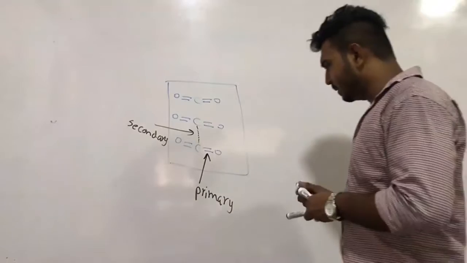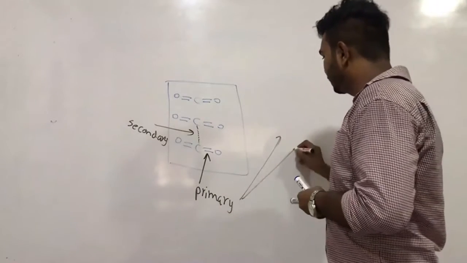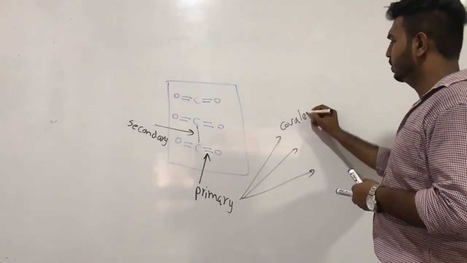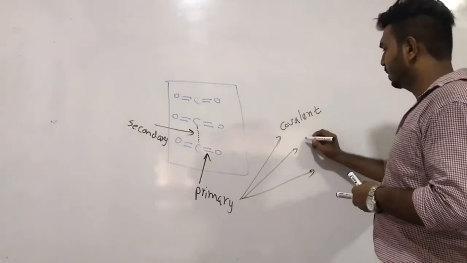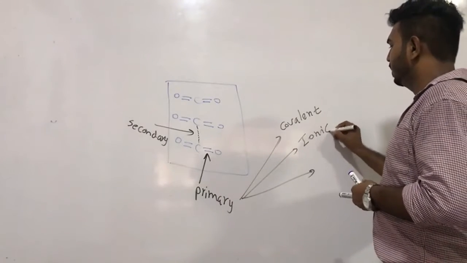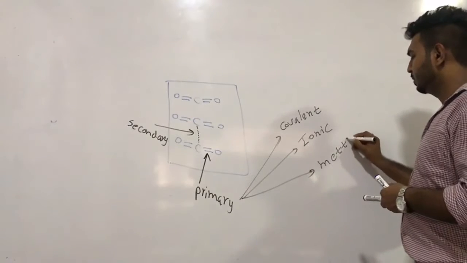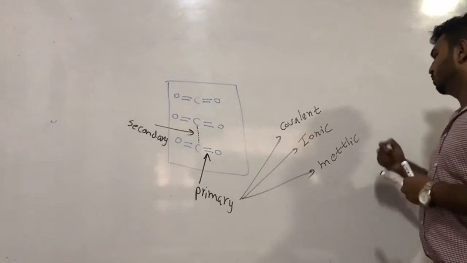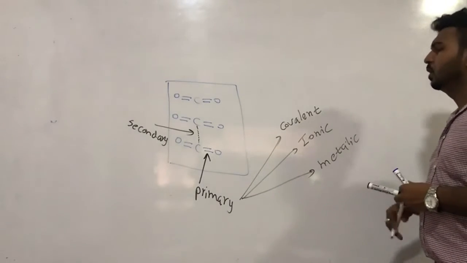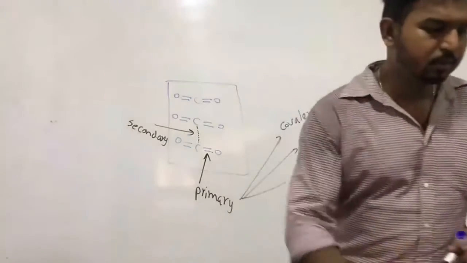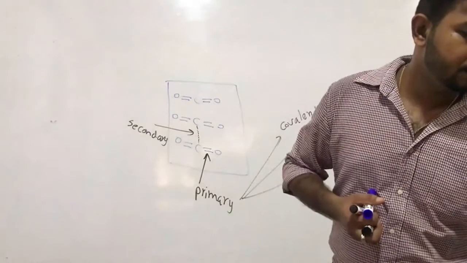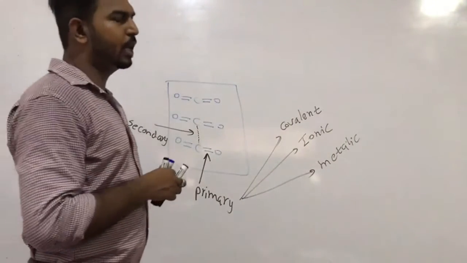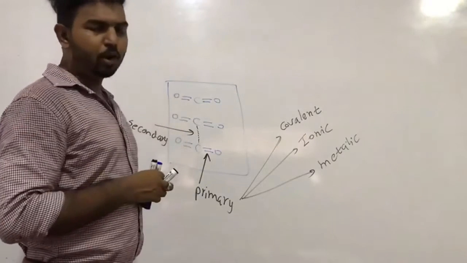We call them covalent bonds, ionic bonds, and metallic bonds. Today, first we will talk about covalent bonds.